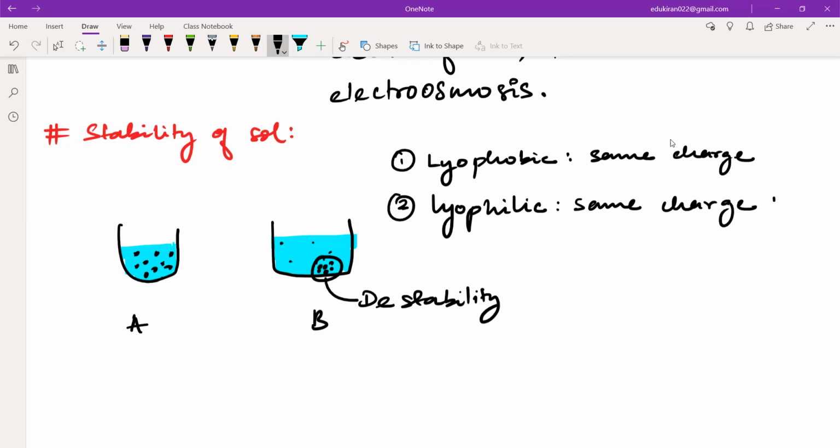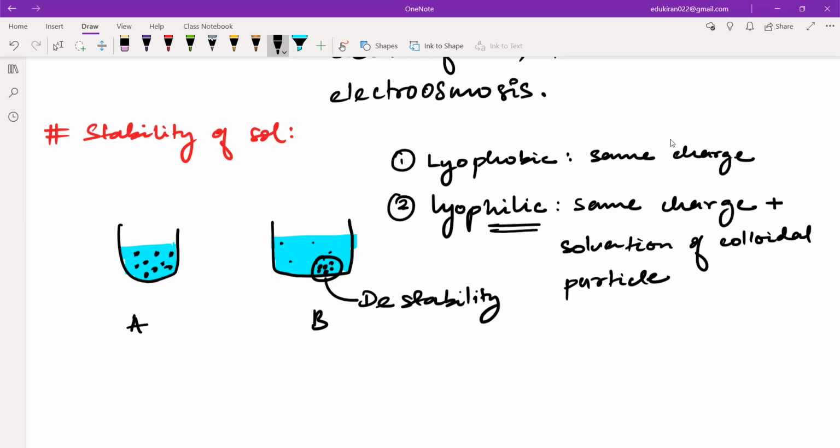But in lyophilic, there is also one more reason, and the reason is the solvation of colloidal particles. Why? In the lyophilic case, the dispersion medium and the colloidal particles have some affinity, some attraction towards each other.